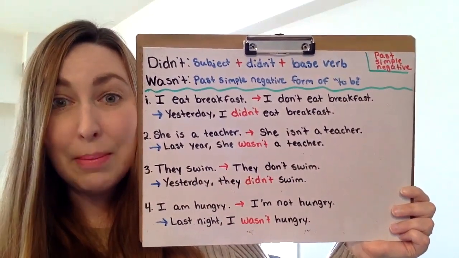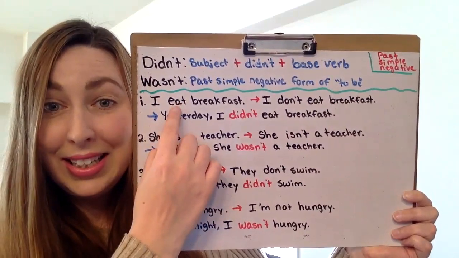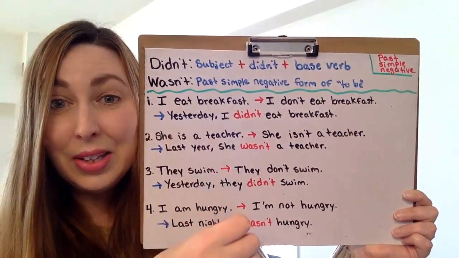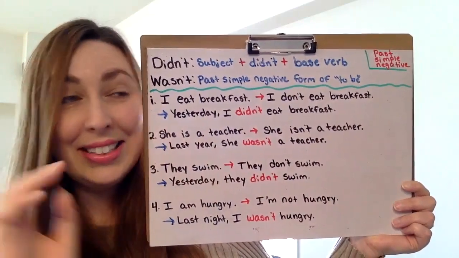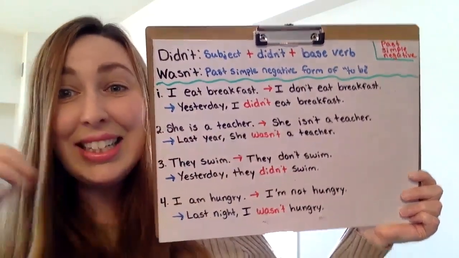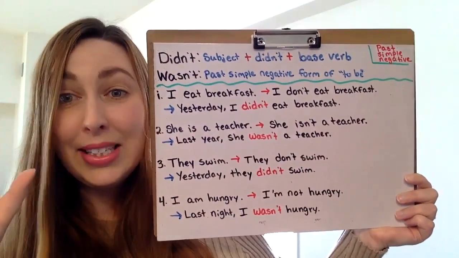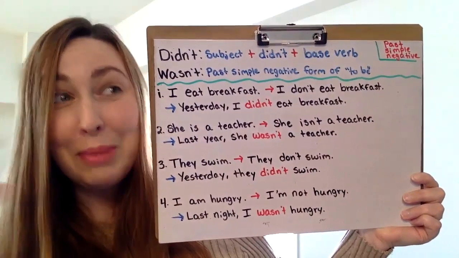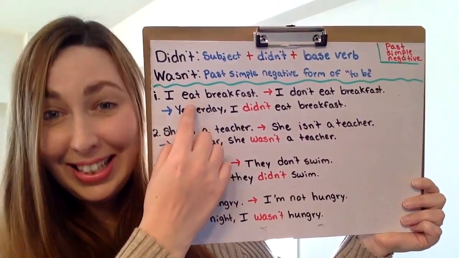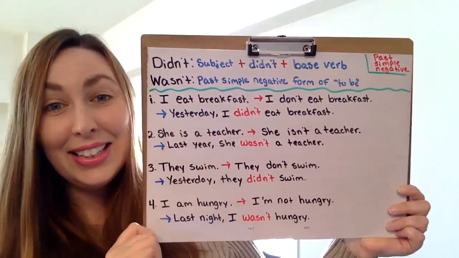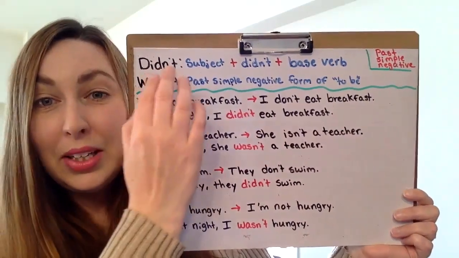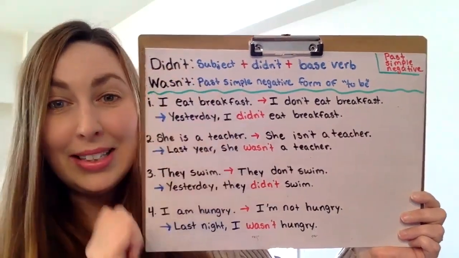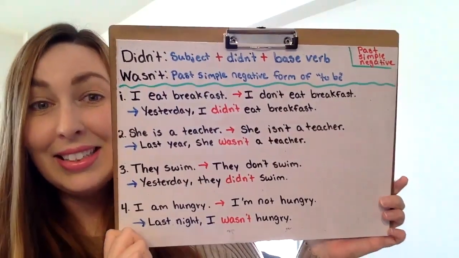For example, the word eat. Not ate, not eats, not eating. The base form of the verb is eat. That's how we're going to use didn't.